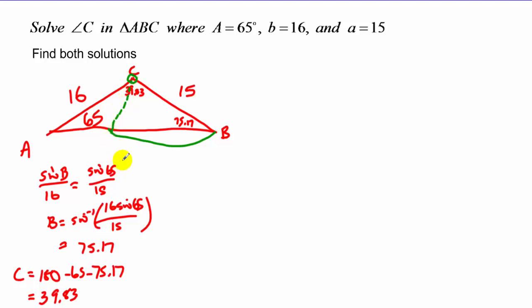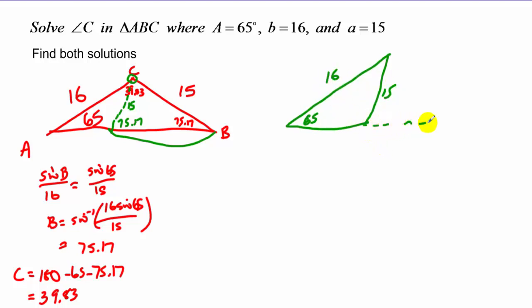And in that new triangle, this dotted line is also 15, so that base angle is equally 75.17. Therefore, I have a new triangle, like so, where I have 65, 15, 16, and this right here is 75.17.